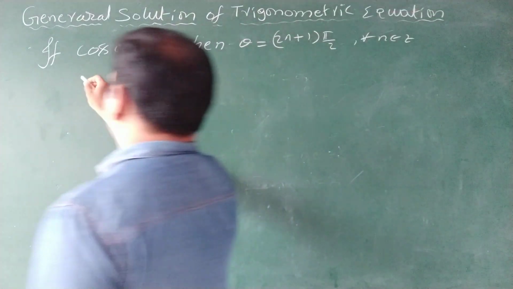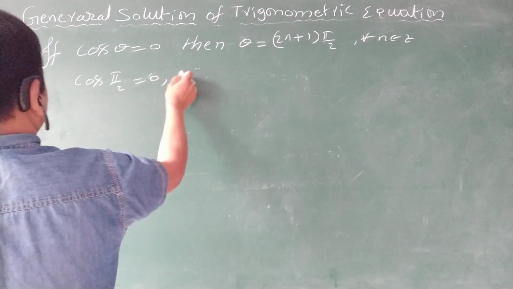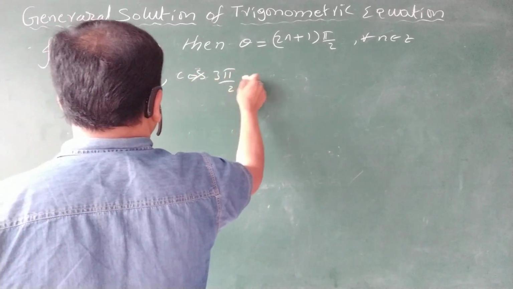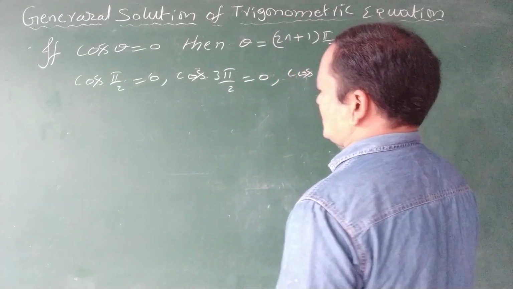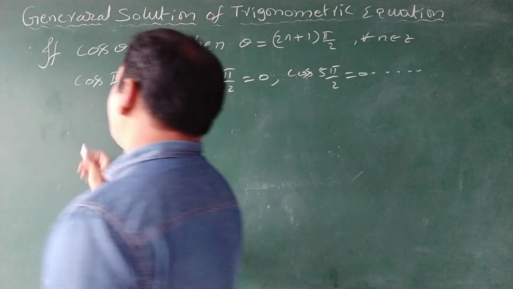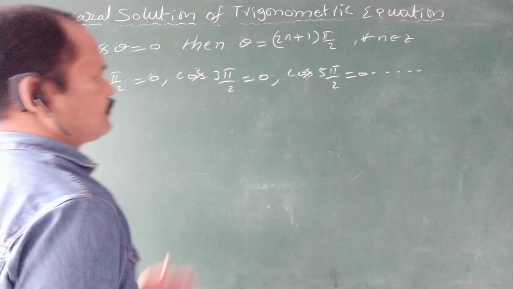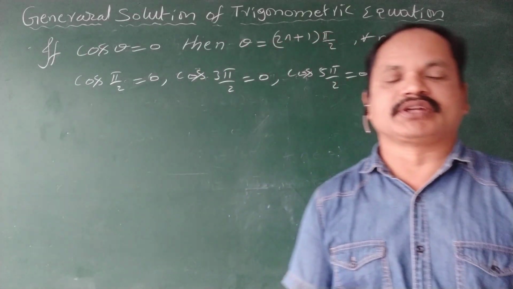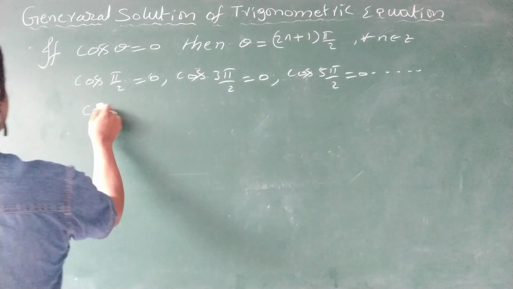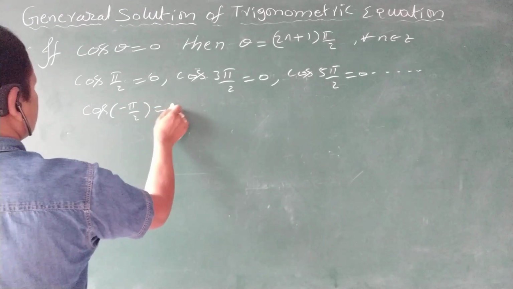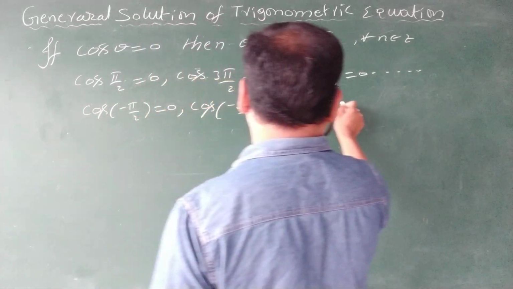For example, cos pi by 2 is equal to 0, cos 3 pi by 2 is equal to 0, cos 5 pi by 2 is equal to 0, and so on. Also cos minus pi by 2 is 0 and cos minus 3 pi by 2 is 0.